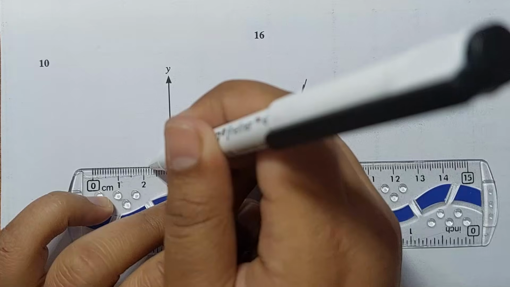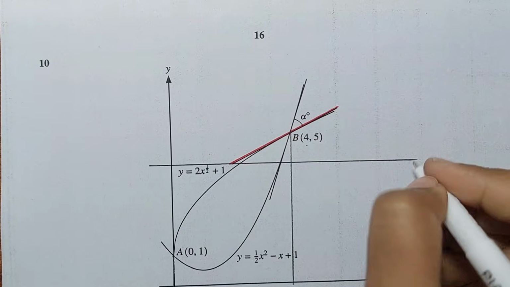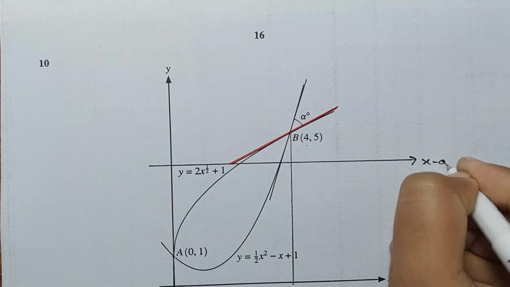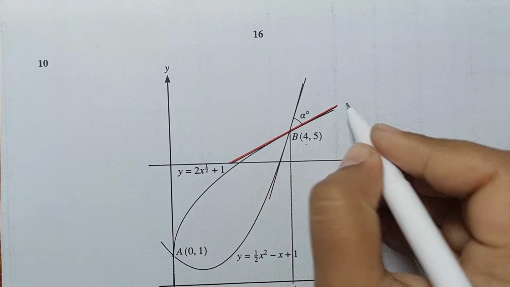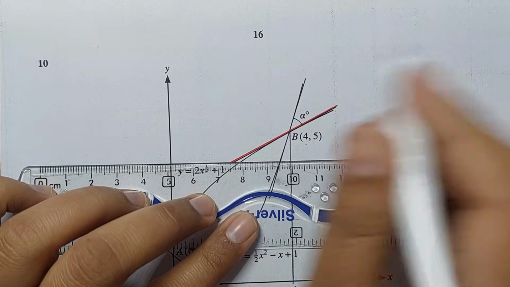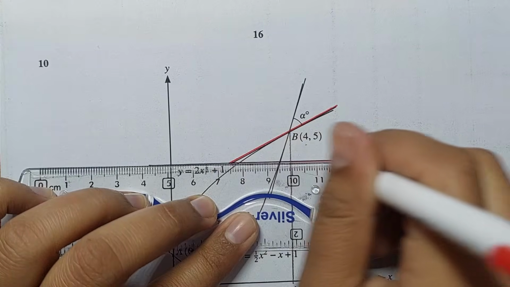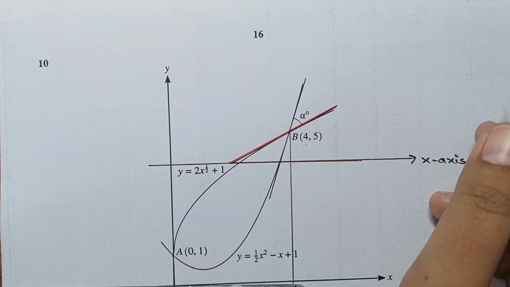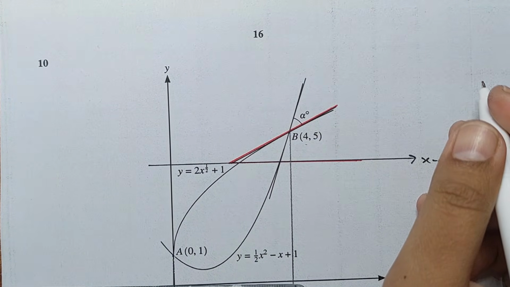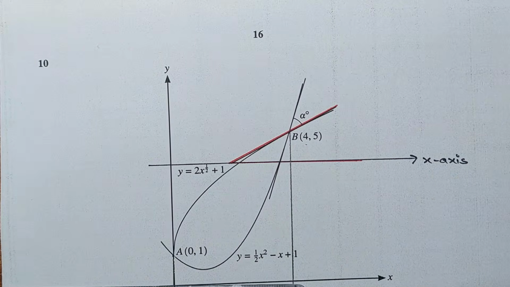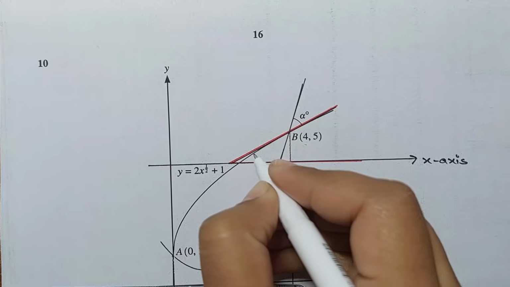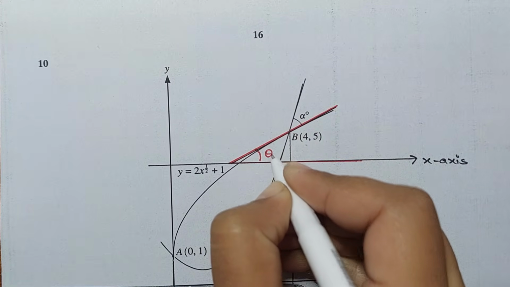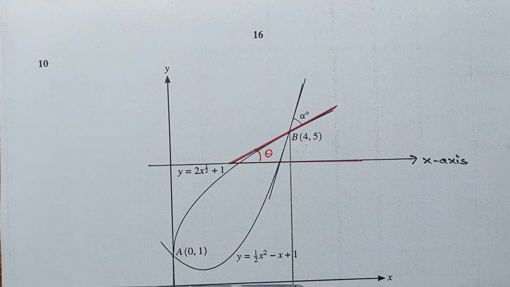This is the x-axis. So we know that this tangent line makes an angle with the x-axis. What is that angle? The angle the tangent makes with the positive x-axis is theta. And what is this theta?